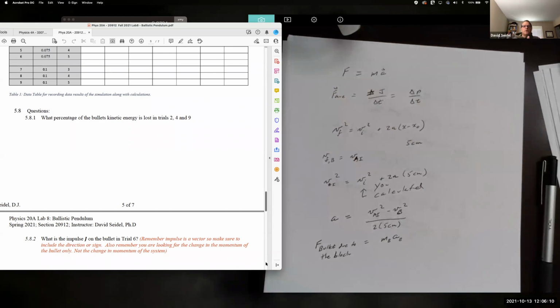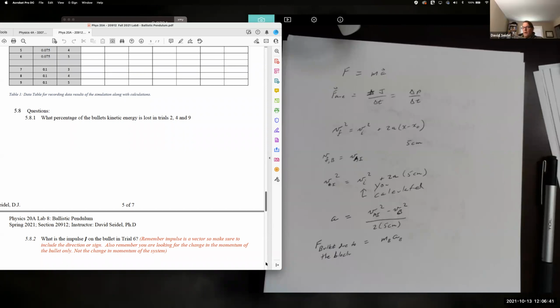What is Newton's third law? That when object A exerts a force on object B, B simultaneously exerts a force on object A. Exactly.